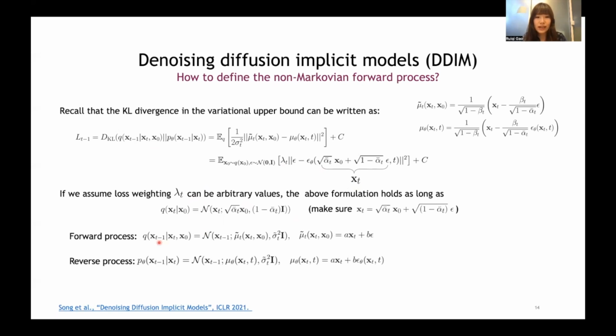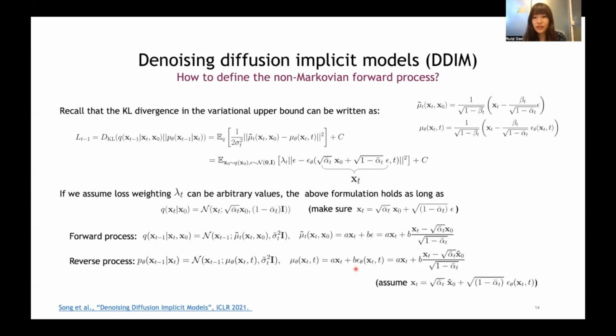First, the forward process, the posterior distribution q(x_{t-1} | x_t, x_0), follows a Gaussian distribution, and the mean of this distribution is a linear combination of x_t and epsilon. And we define our reverse process to be similar to the posterior distribution, which means it is also a Gaussian, and this mu_theta is the same linear combination of x_t and the predicted noise.